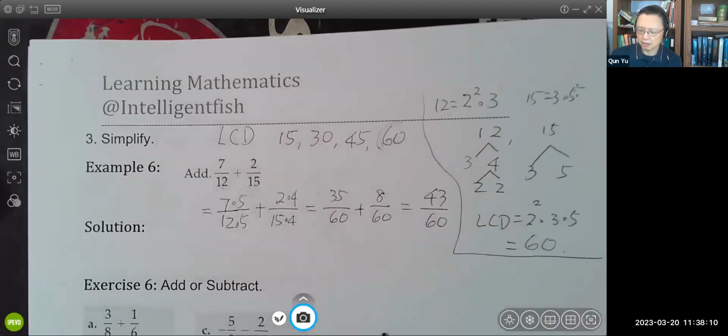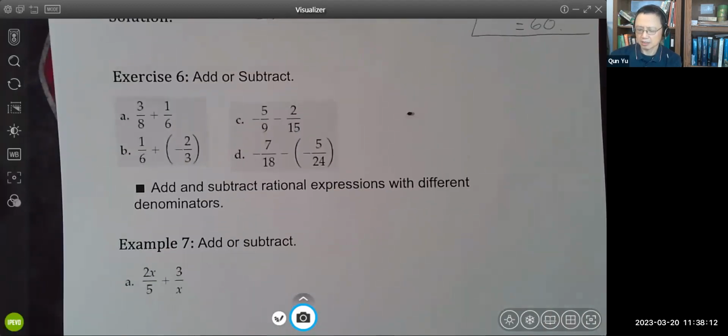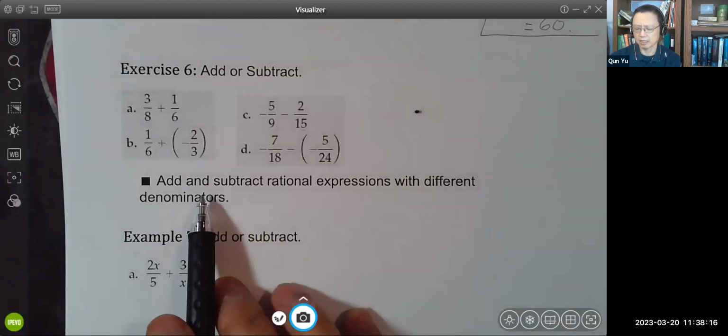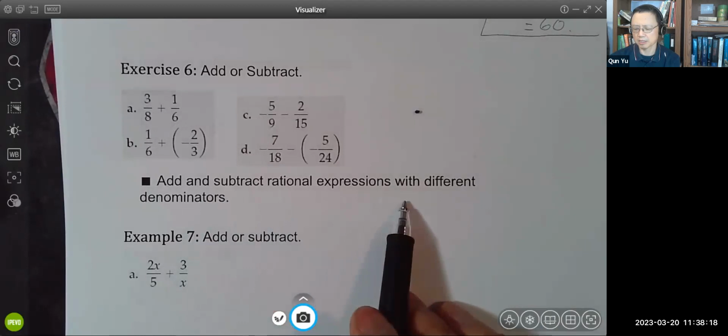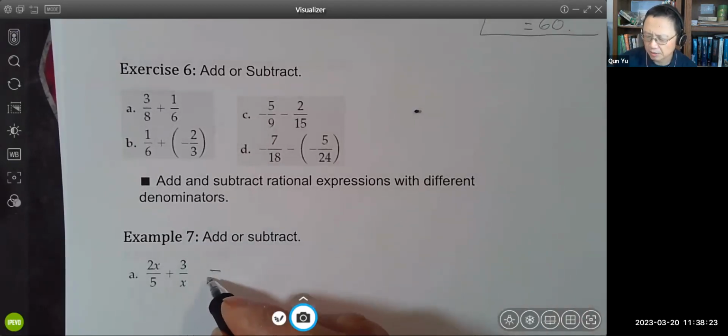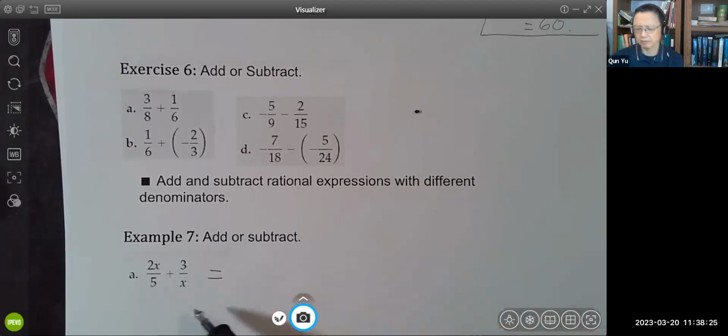So now let's move on to another set of examples. We're going to add and subtract rational expressions with different denominators. So how about this one, 5 and x? If you use multiples, you cannot, because it's not a number.